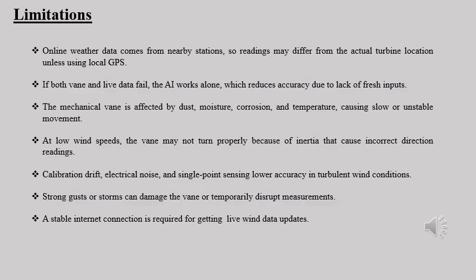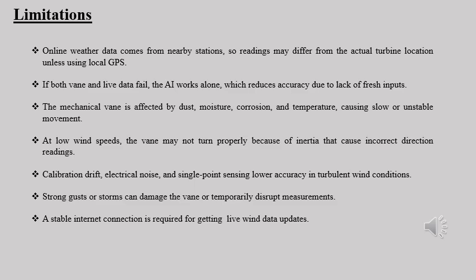In our system there are a few limitations. As online weather data comes from a nearby weather station, it may not be a perfect match with the exact turbine location data, unless we use a GPS at the turbine location.